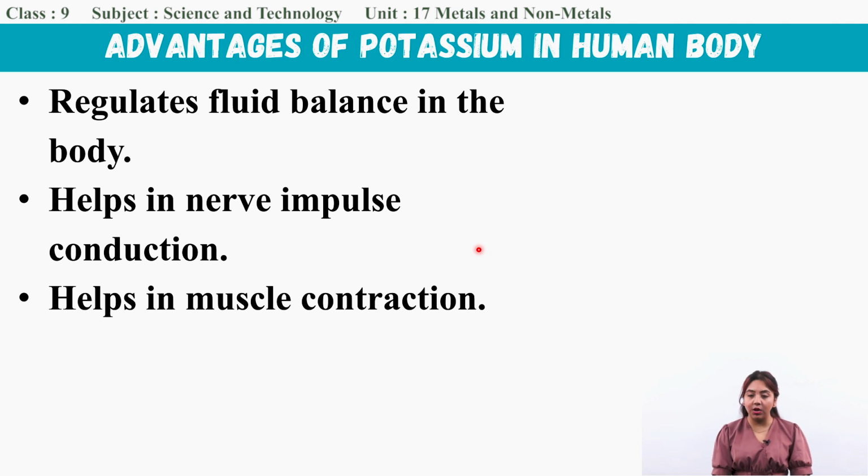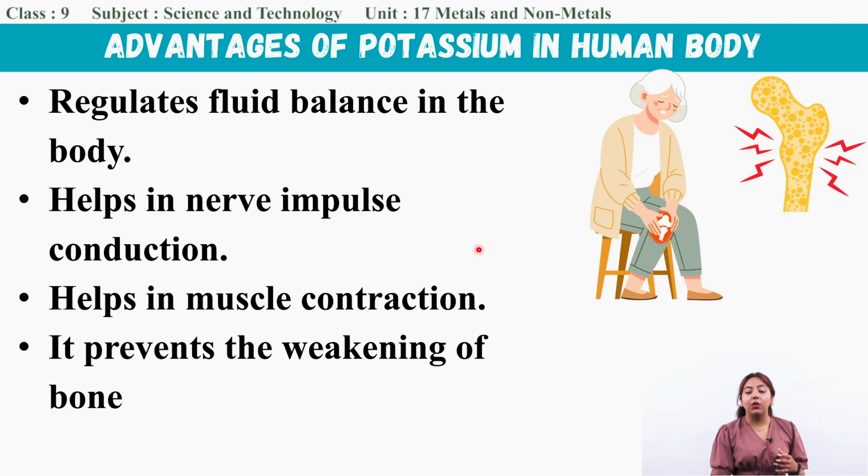Additionally, potassium also prevents the weakening of bone, that is, it prevents osteoporosis. How it does this is, potassium reduces how much calcium our body loses through urine. So it does not allow a high amount of calcium to be excreted through urine. It conserves calcium in the body, and calcium is very important for our bone, because it gives our bone strength.